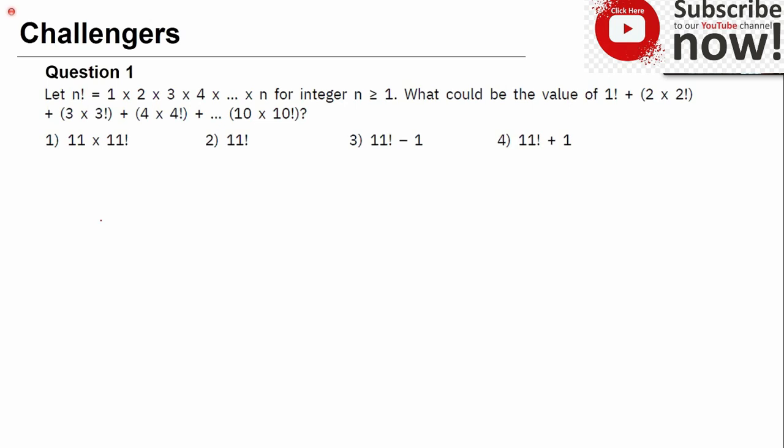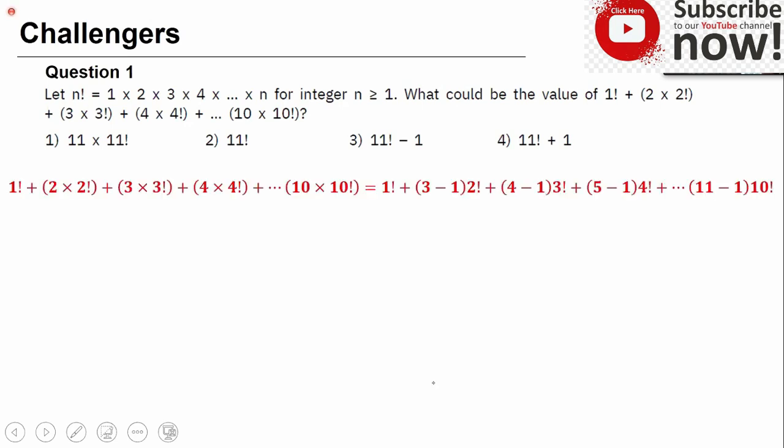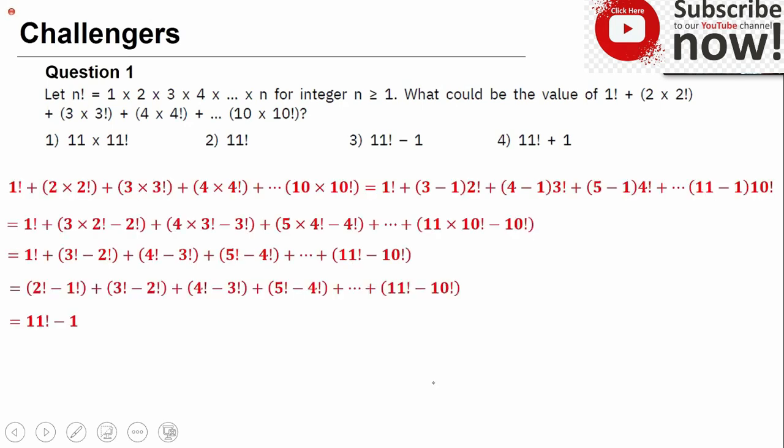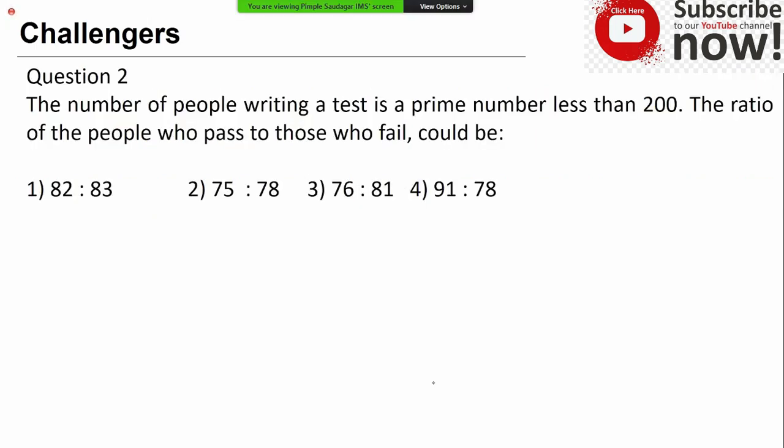Can you tell me directly? 11 factorial minus 1. We remember the pattern. We just did this a few moments before, right? This one. Okay. Next. Try this one.